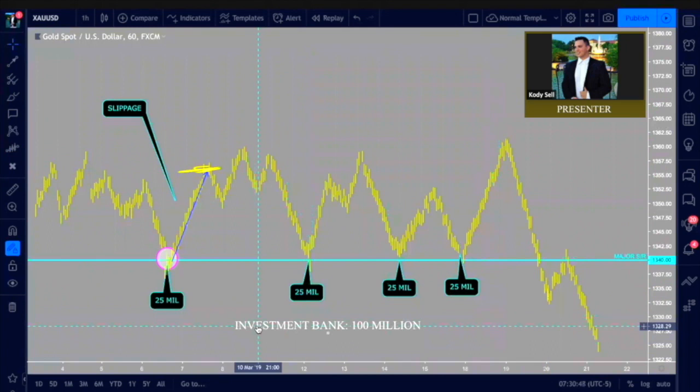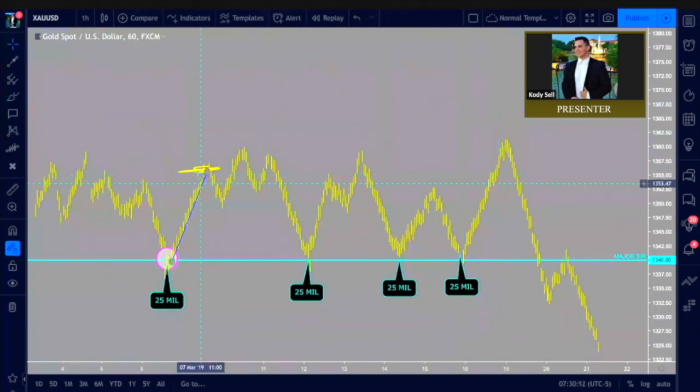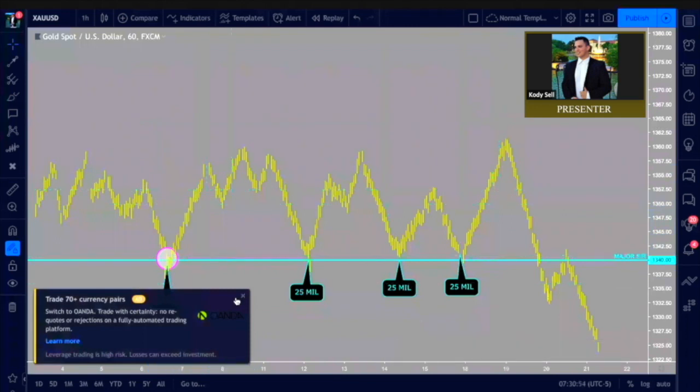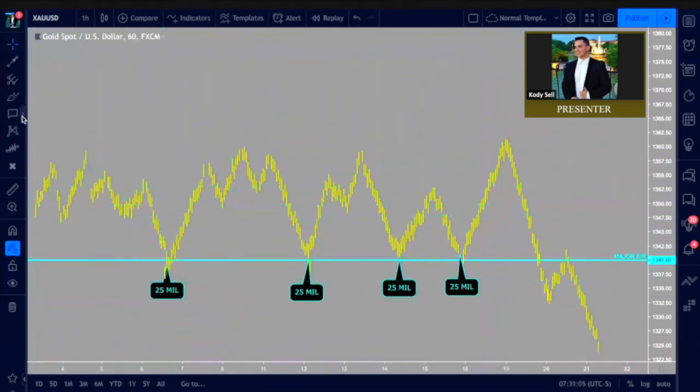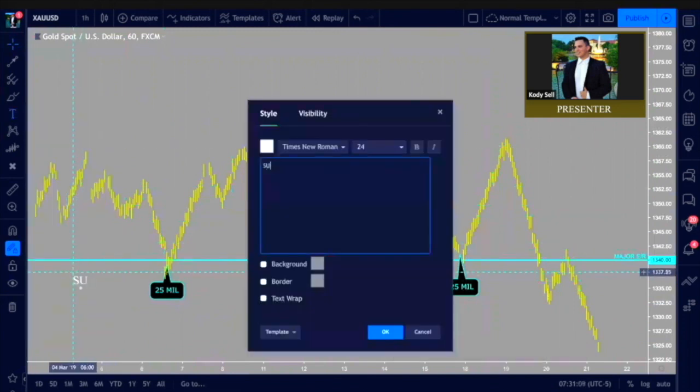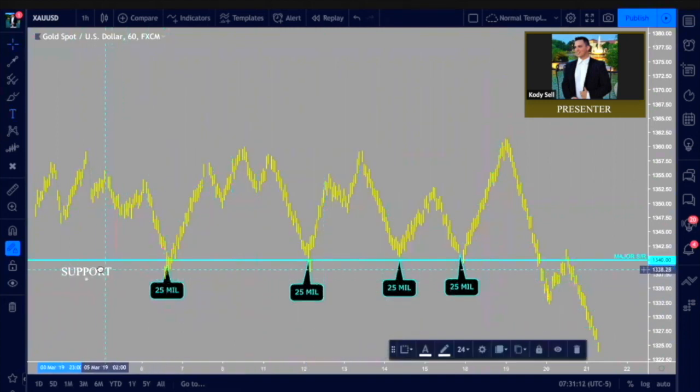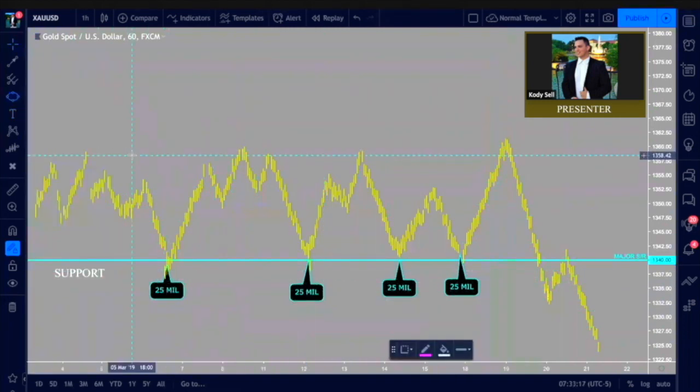So this area down here, I'm going to get rid of this, get rid of slippage. Now, these orders down here have formed what we typically call support. Now that makes sense, of course, right?